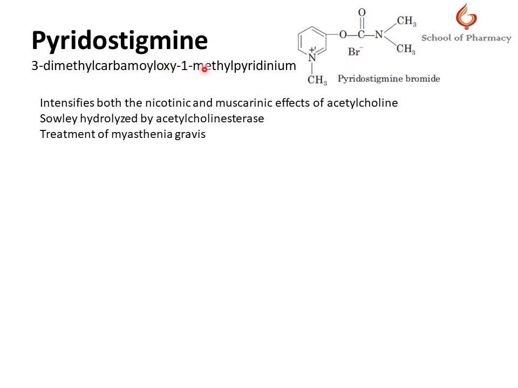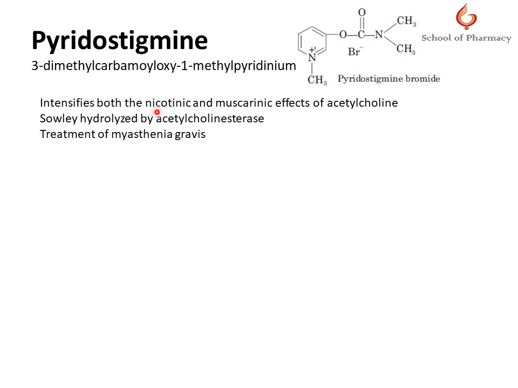Now, pyridostigmine. This pyridostigmine is used to intensify both the nicotinic and muscarinic effects, and for reversal of neuromuscular junction blockade. It is hydrolyzed more slowly by acetylcholinesterase than acetylcholine, and it is used for the treatment of myasthenia gravis.